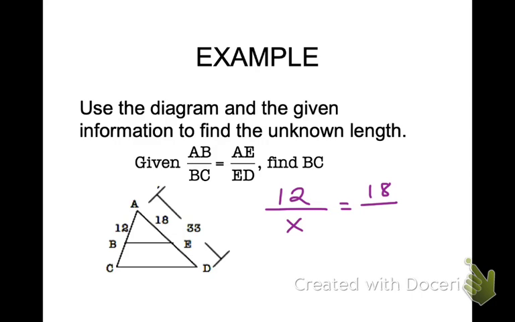Now we have to think a little bit. What's ED's length? It's not going to be 18. The whole thing is 33. This top part is 18. What's left over? 33 minus 18 is 15. Cross multiply, go.